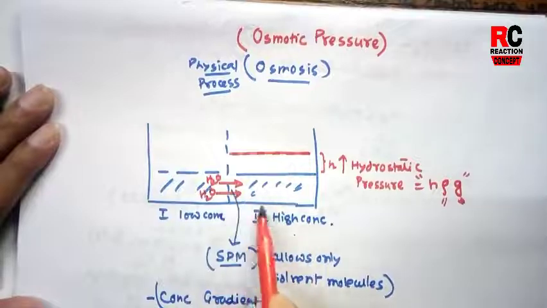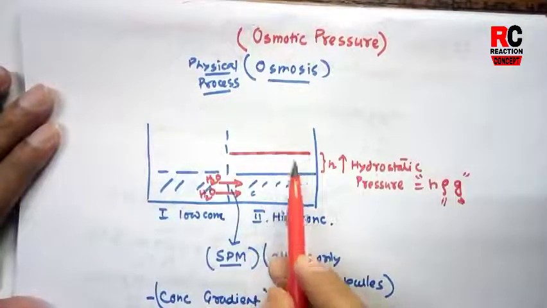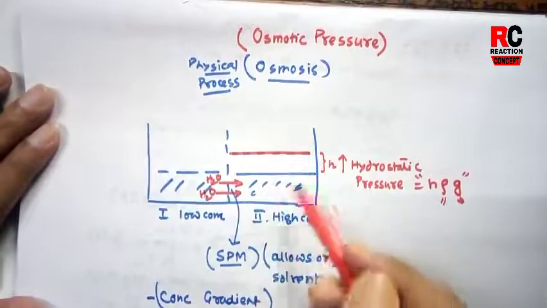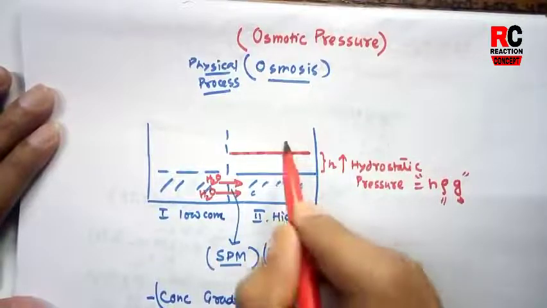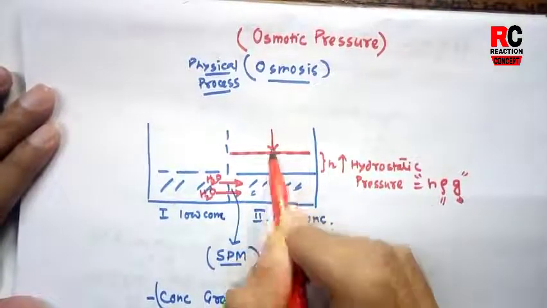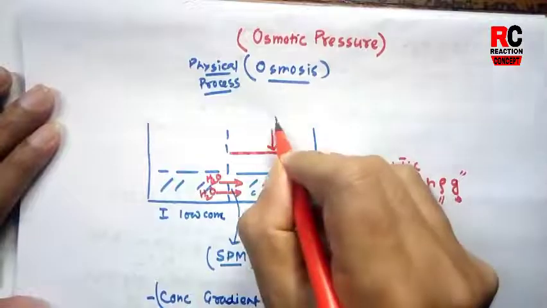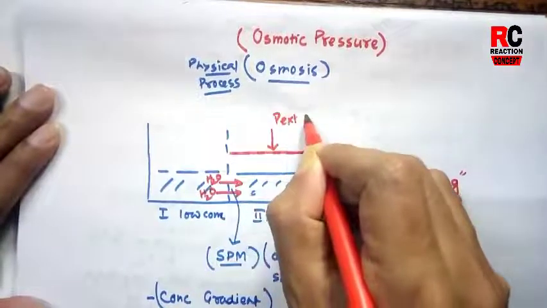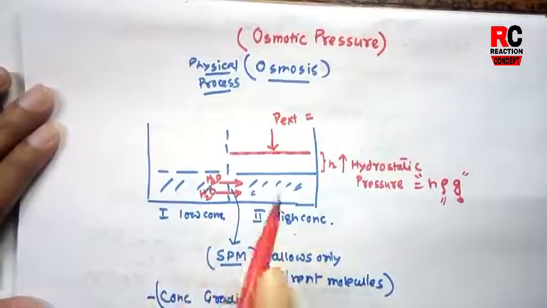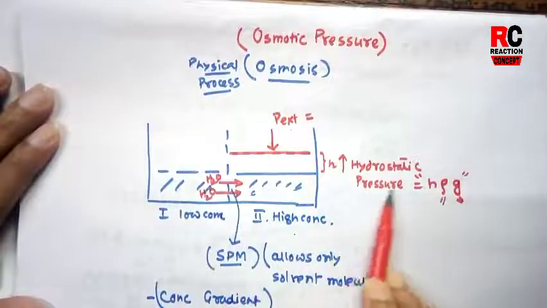As this osmosis process keeps on going, you have to stop it. To stop this process you have to exert an external pressure on the surface of this solution. This pressure should be equal to this hydrostatic pressure.